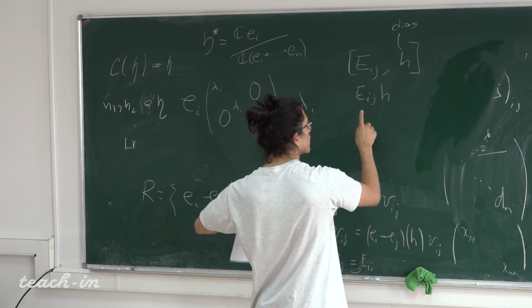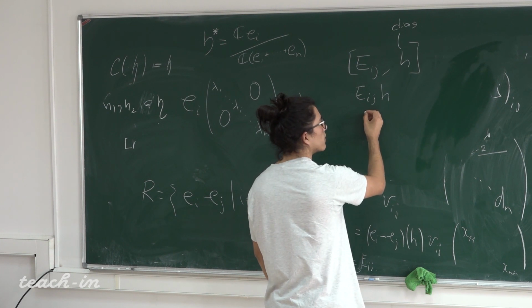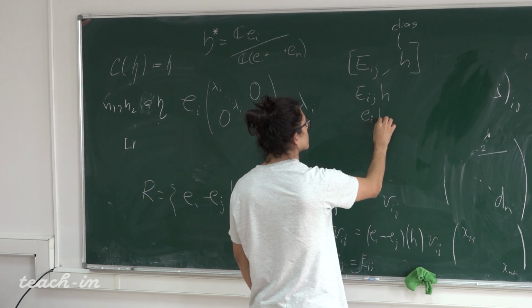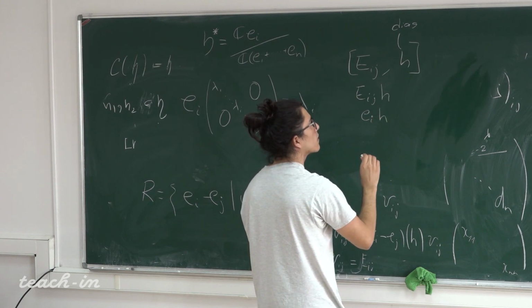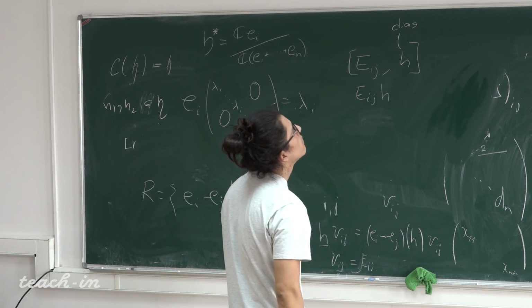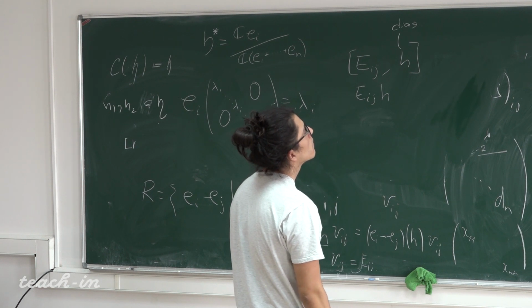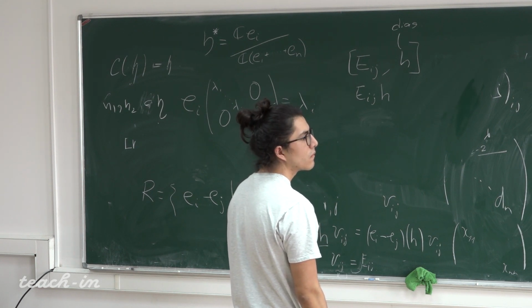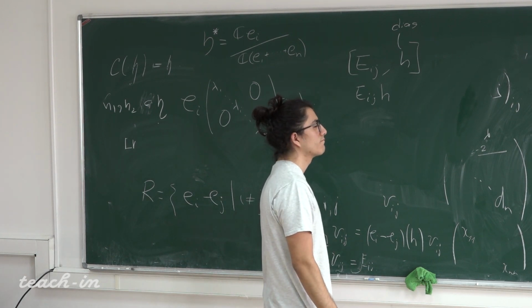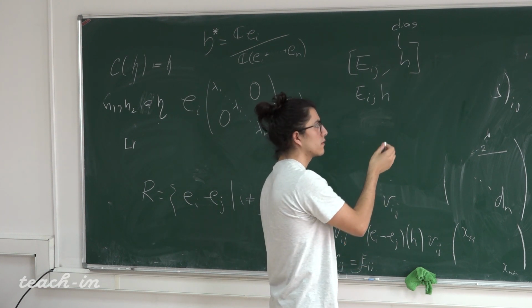I think this is the same as this. So your H is also Ei, maybe, right? No, because I have to act on the diagonal matrices.